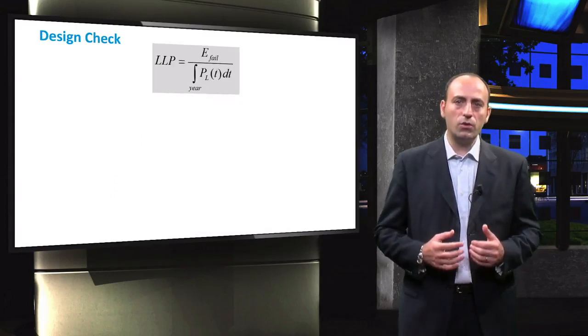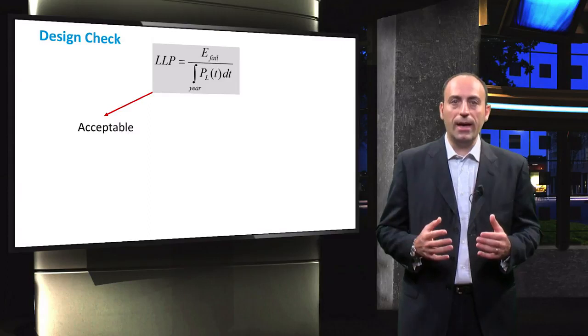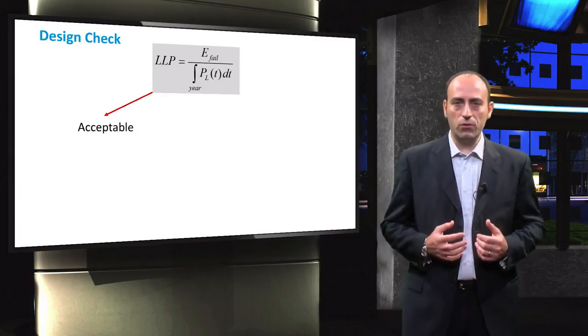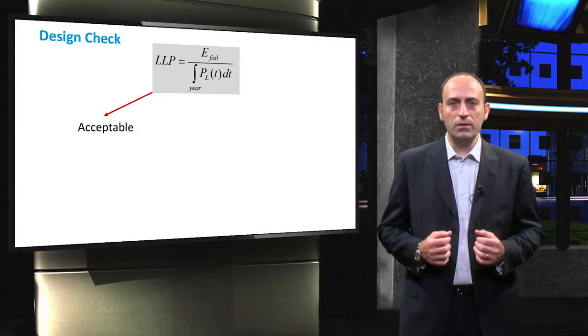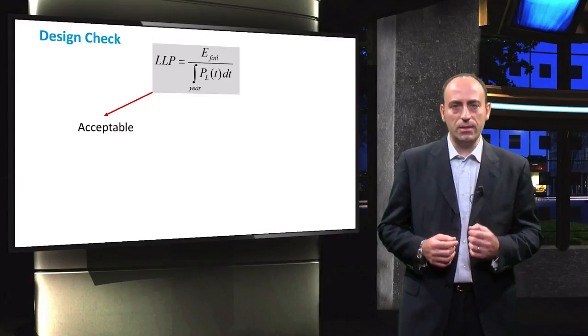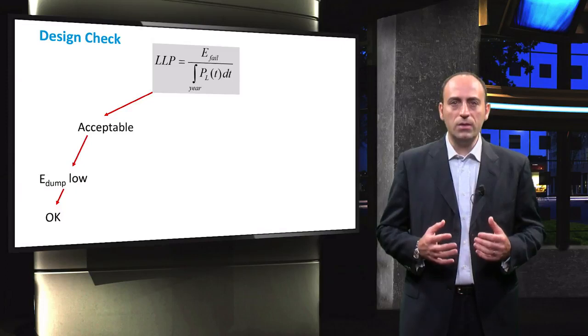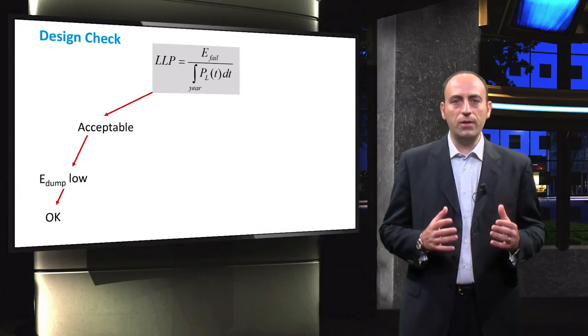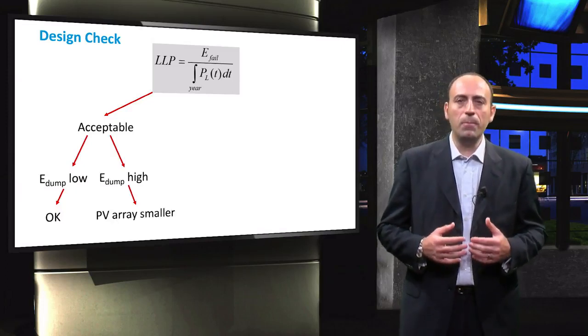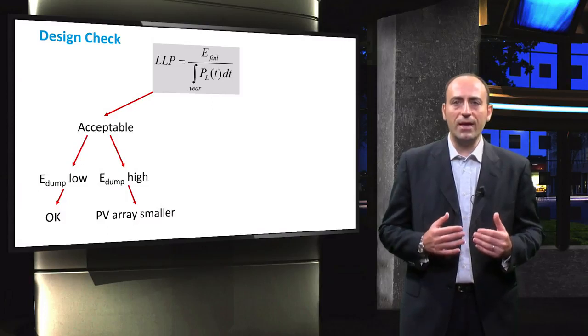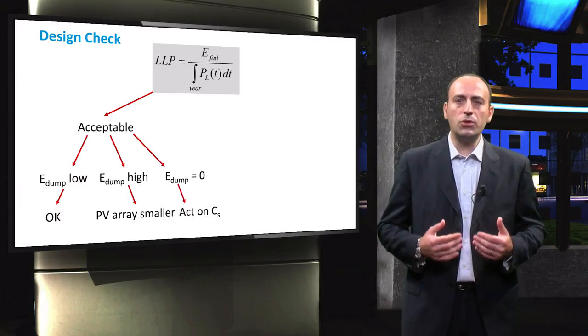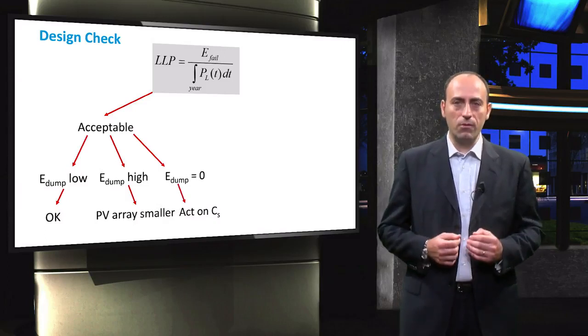If the loss of load probability is acceptable, and this depends on the application of your PV system, the calculated dumped energy by the PV system is assessed. If the E-dump value is low, the system is approved. If the E-dump is high, the PV array sizing is adjusted by downsizing it, and if the E-dump is 0, the number of chosen autonomous days can be reduced.